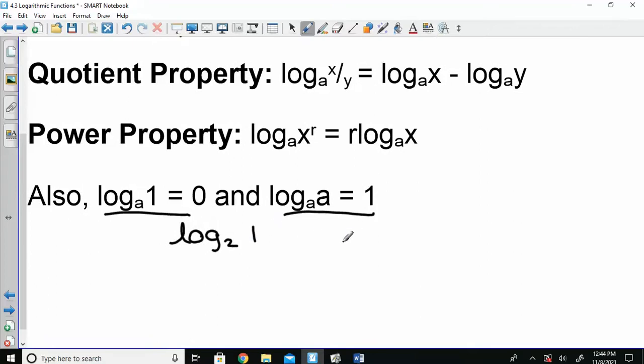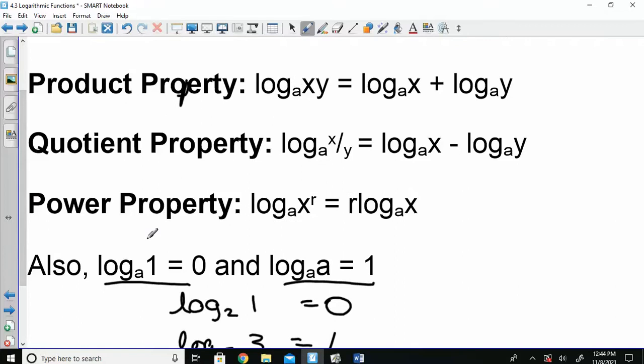Anything to the 0 power is 1. And if I said like log base 3 of 3, it's saying 3 to what power equals 3, so that's just 1. So these two aren't really properties you have to memorize. If you understand what a log means, you can figure those out as they come up in your problem. So really the three things you need are the product, quotient, and power properties.